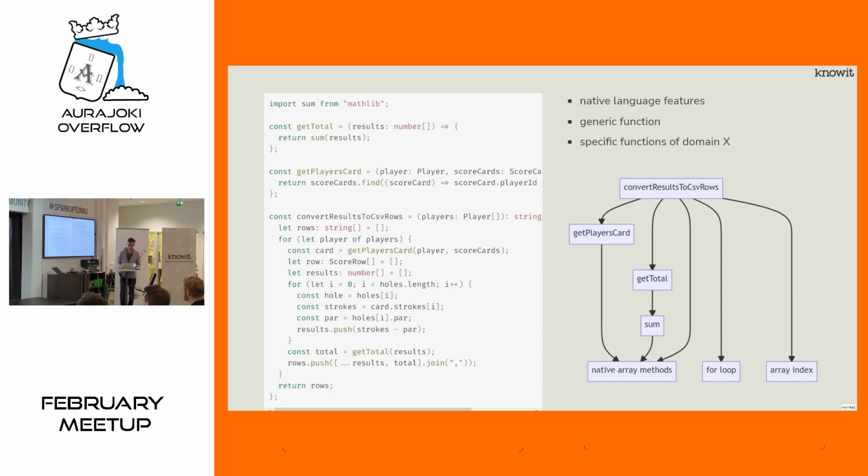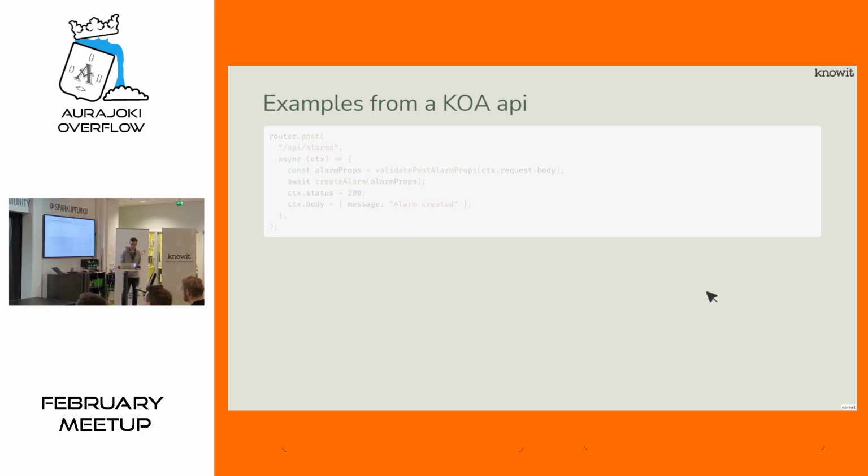So this was the made-up example, and now I promised that we will have a more realistic one too. This is based on a real-world project we have in our team, and we have a Node.js API which uses the Koa framework. If you are in the JavaScript world, you are probably aware of Express as a Node.js framework. Well, Koa is a similar kind of beast.